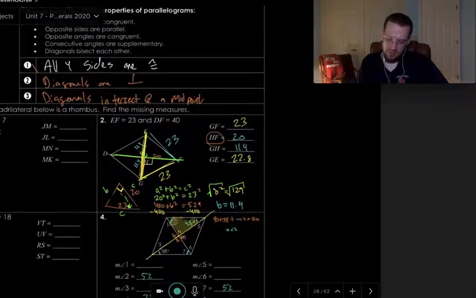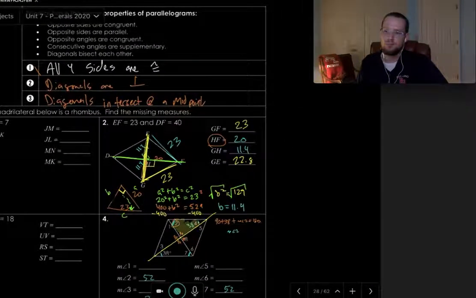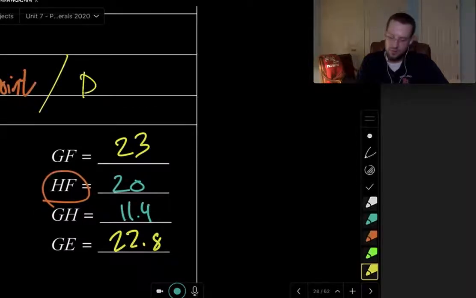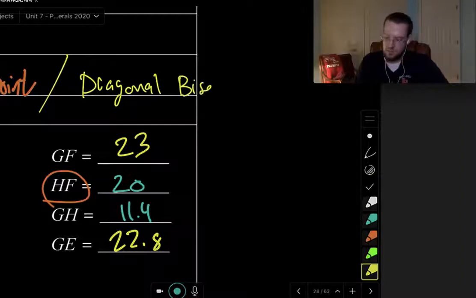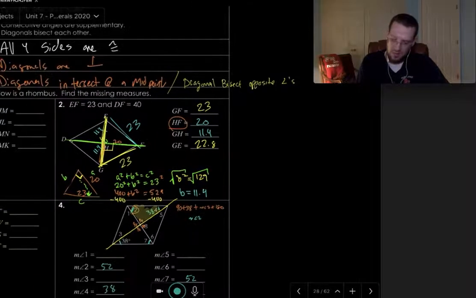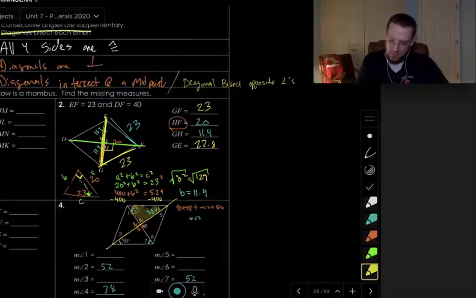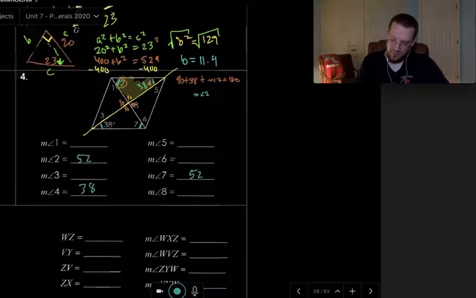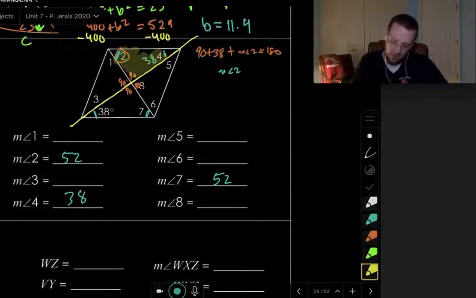I wonder why I didn't write that. This one is also this one. Yeah, my bad. So diagonals bisect opposite angles. Yes. Okay, so that means the diagonals are now angle bisectors.